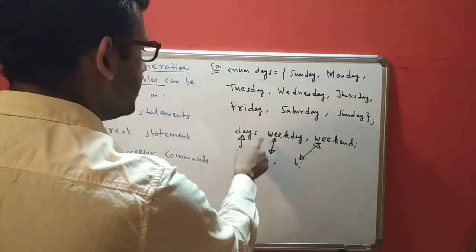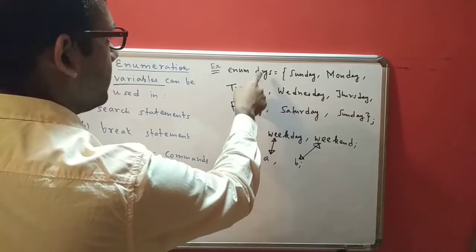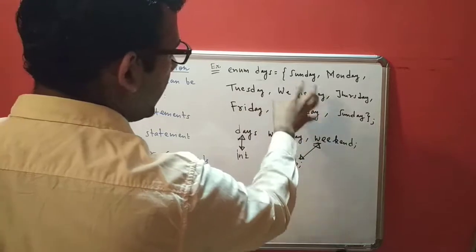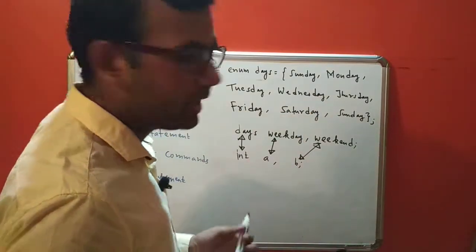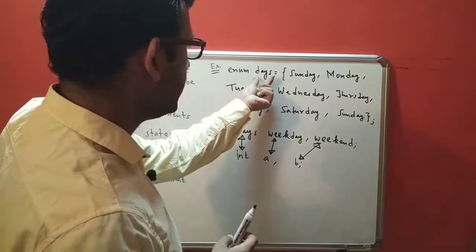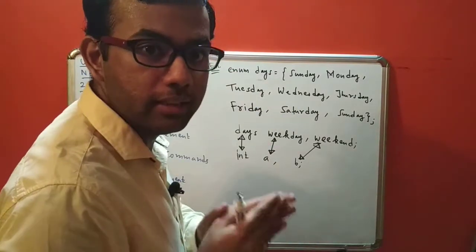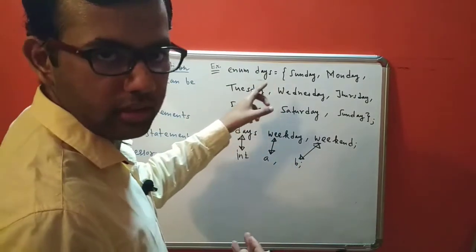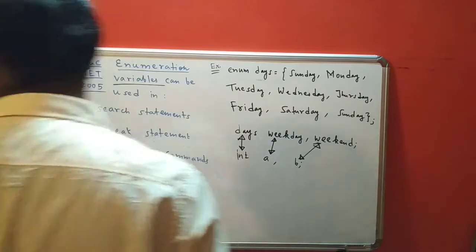And what is days? Days is our user-defined data type, which is an enumerated type. So this will only help to create the user-defined data type, right? Due to this statement, I am creating the user-defined data type by the name of days, and I'm also defining the values that variables of type days can take.